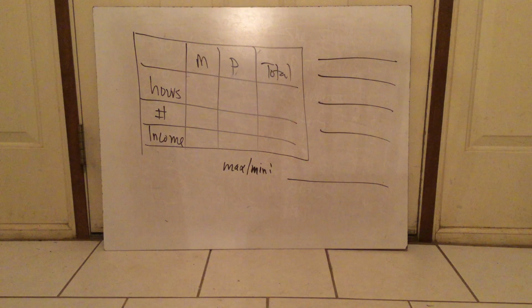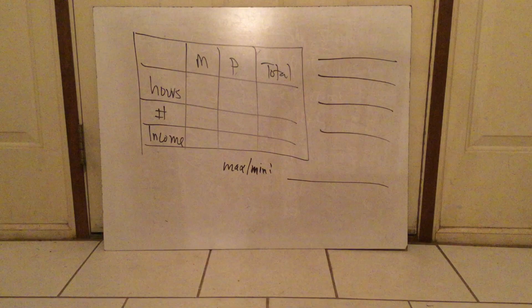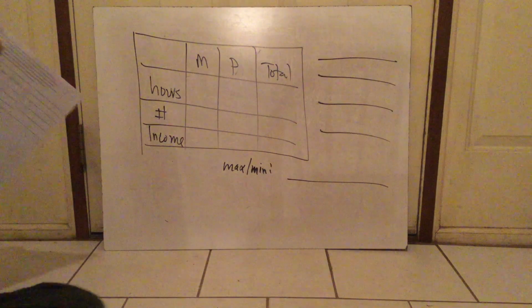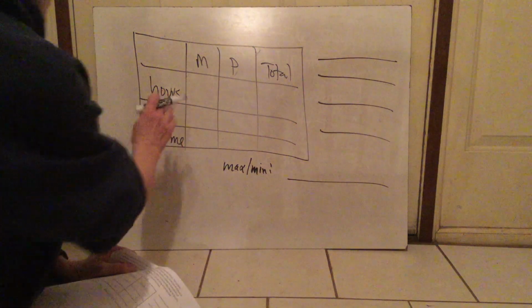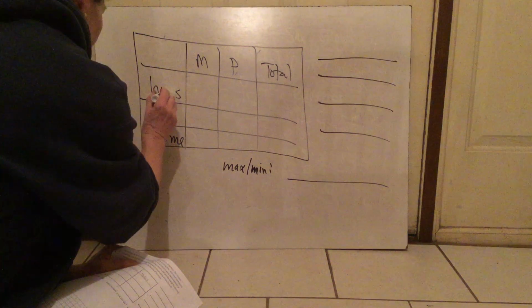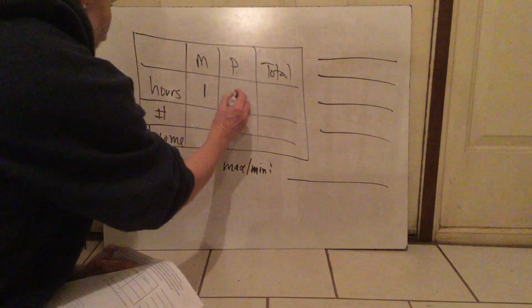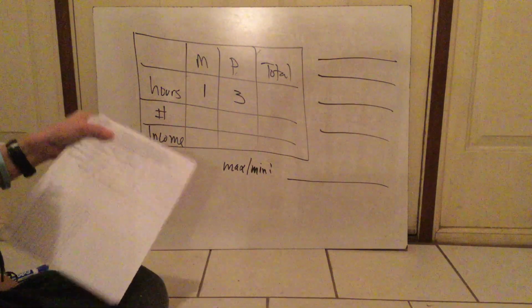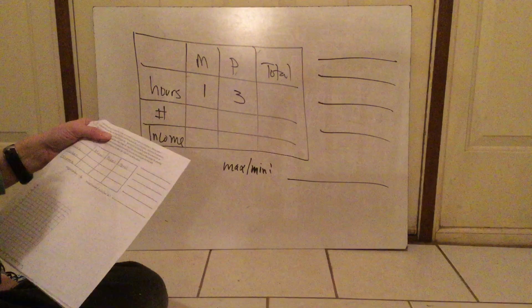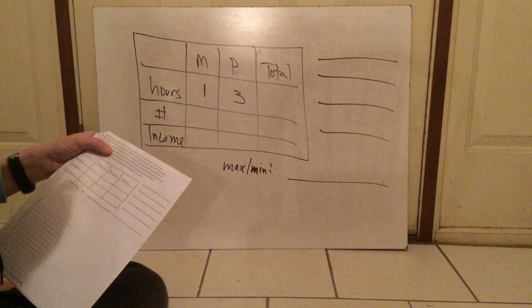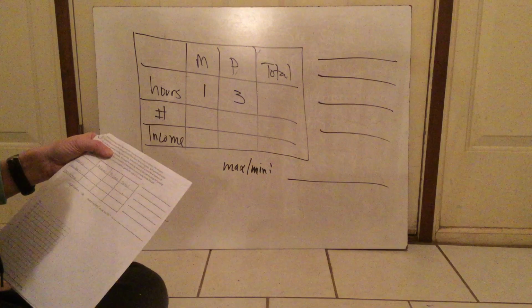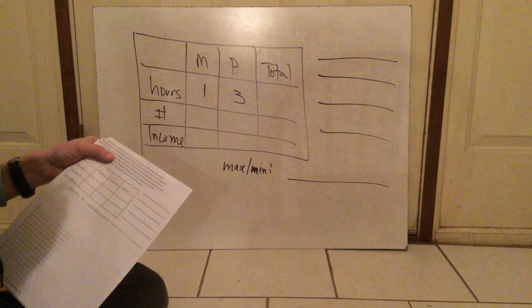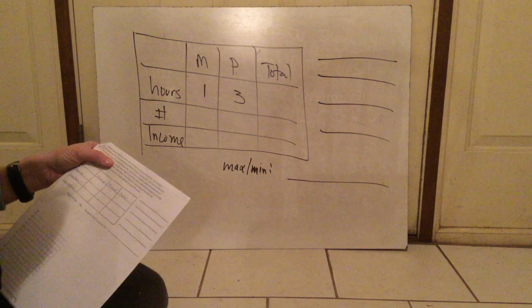A landscaping company has crews who mow and prune. The company schedules 1 hour for mowing jobs and 3 hours for pruning jobs. Stop right there, guys. It says right there in the problem, 1 hour for mowing, 3 hours for pruning. Each crew is scheduled for no more than 2 pruning jobs per day.